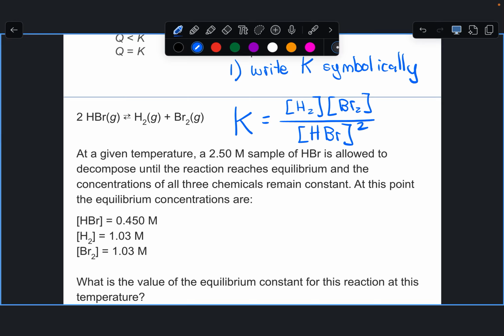So before we start, let's just read the question together and then I'll let you guys solve it. So it talks about temperature in this problem. It says at a given temperature, and then later down here it says what's the value of the equilibrium constant for this reaction at this temperature. K is temperature dependent, meaning that if you change the temperature, the K value is going to change.